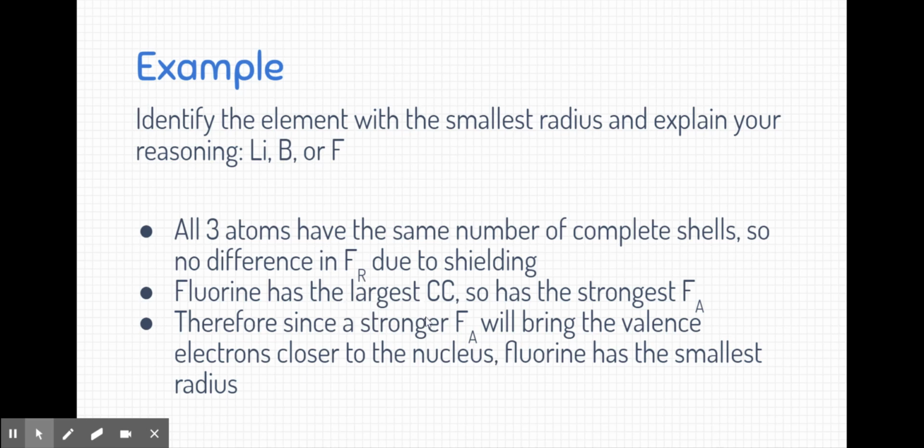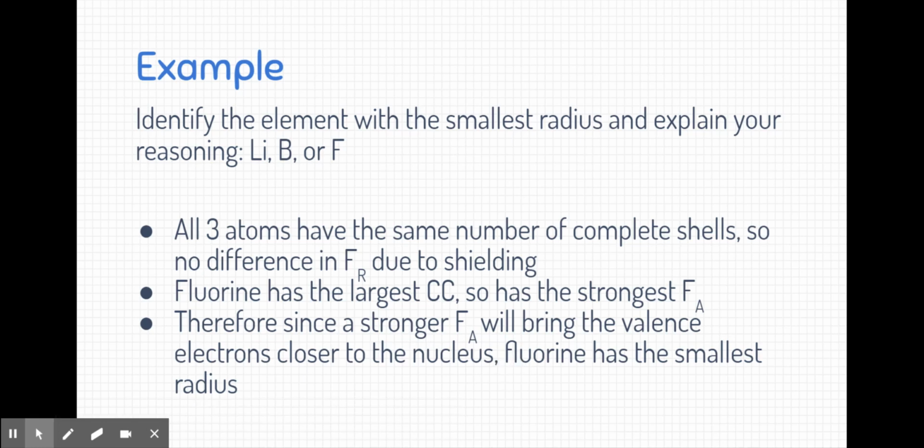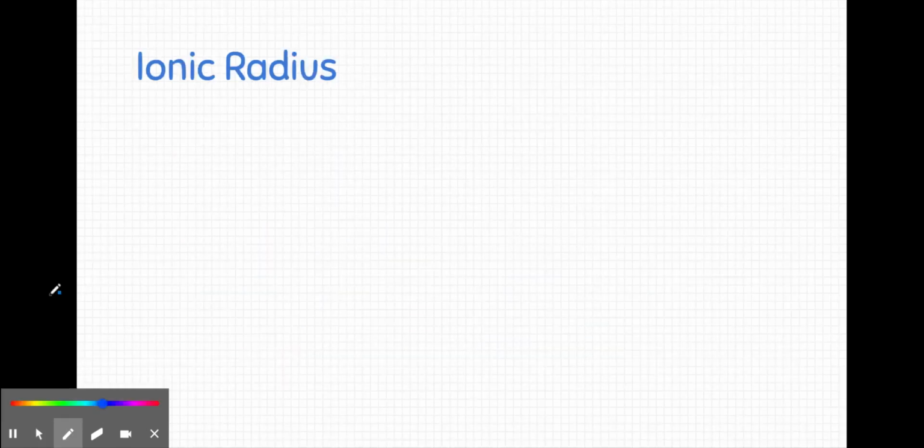And then finally, in my conclusion, I connect the factor that is changing the force of attraction to the question and come up with a conclusion. And I have justified these three arguments here with modified Bohr-Rutherford diagrams and core charge calculations.